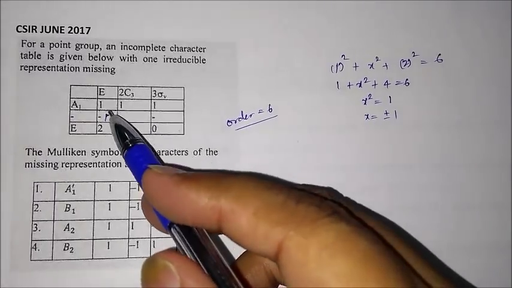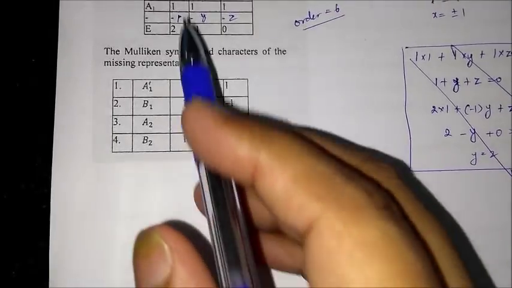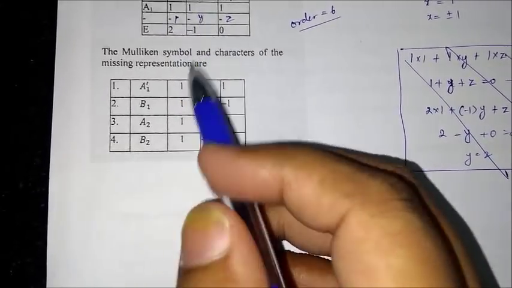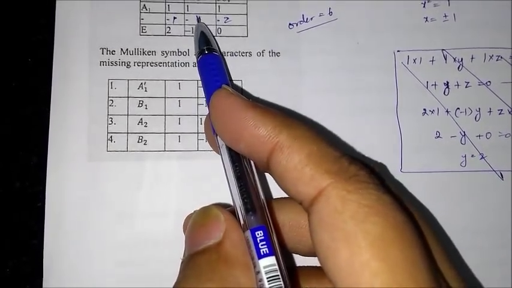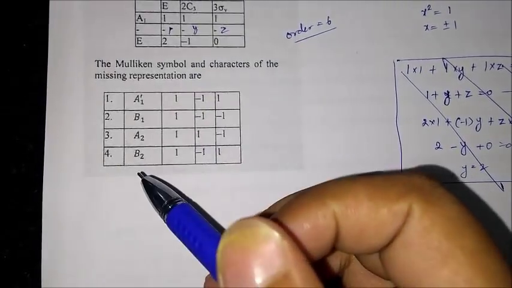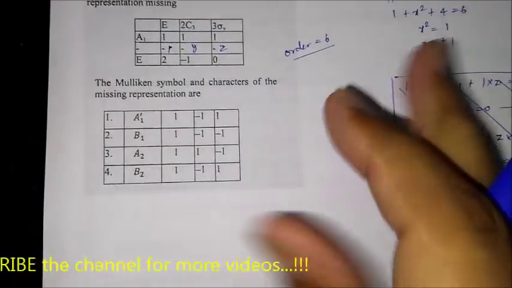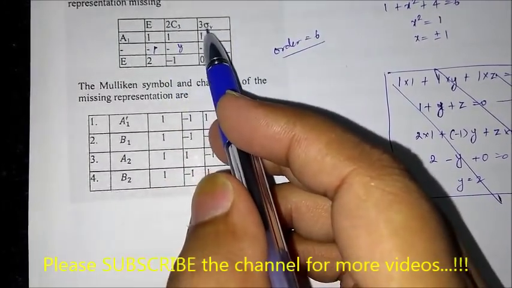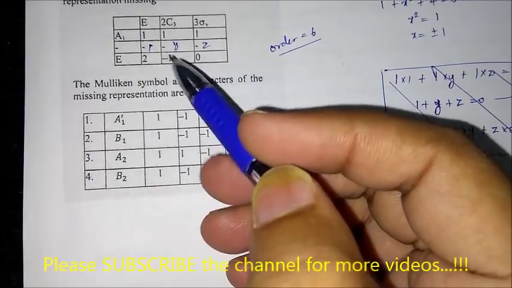Now let's check using the other rule. By now we have got the value of x from here, and we have to find these two. So let's write them as y and z. Okay, now let's use the orthogonality theorem. In the previous question the coefficients were 1 only, so we didn't have to worry much.